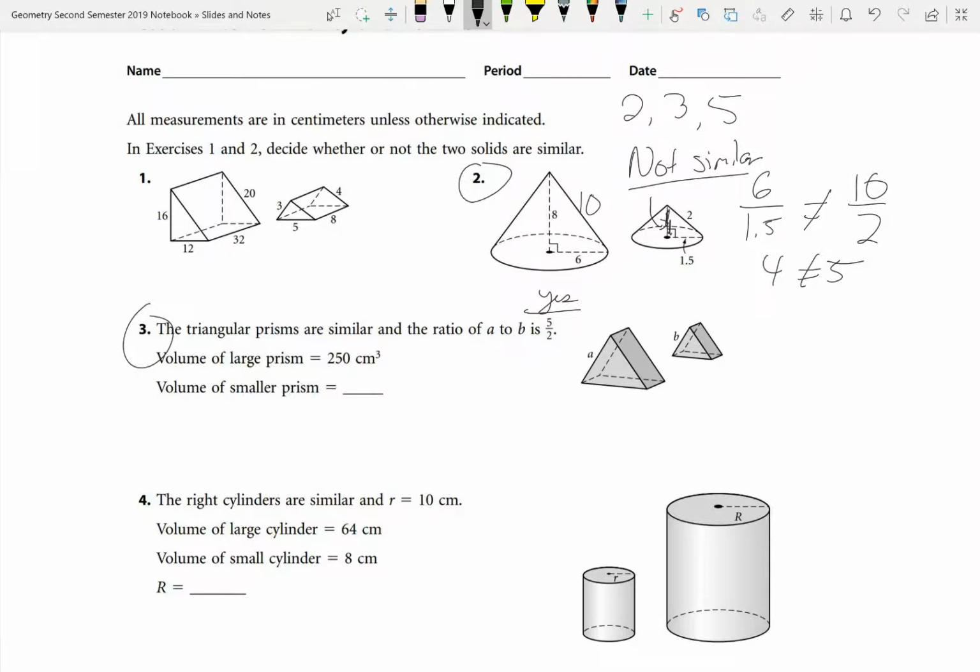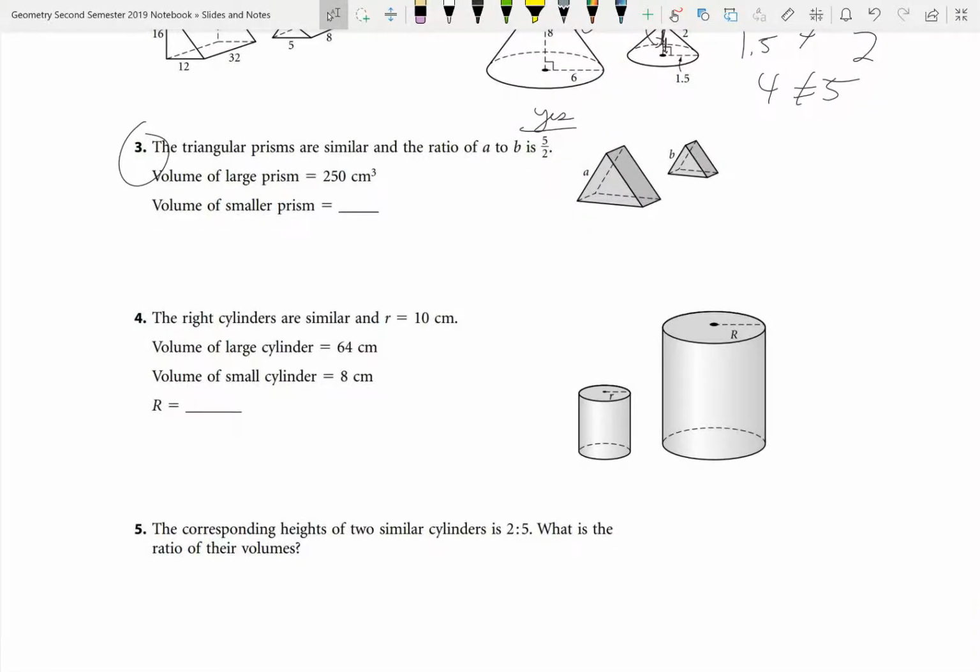There we go. With number 3, the triangular prisms are similar and the ratio of A to B is 5 to 2. The volume of the large prism is equal to 250 centimeters cubed. What's the volume of the smaller prism? Okay, so the ratio of side lengths is A to B, right? So that means the ratio of the areas is A squared to B squared, and the ratio of the volumes is A cubed to B cubed. So we're given the volume of the large is 250 centimeters cubed.